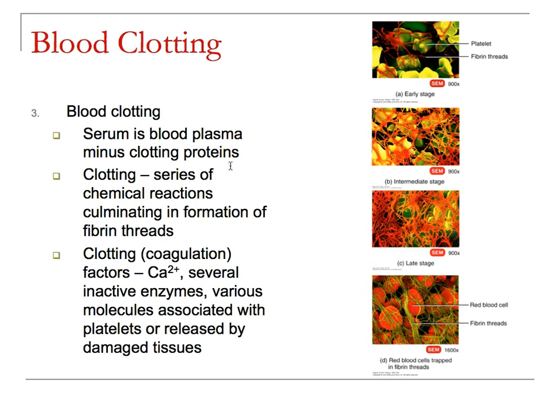And what this means is we are going to take coagulation factors that are in the plasma of your blood. They will react with calcium in a stepwise mechanism. And that calcium, as well as those inactive to active enzymes, in association with platelets, will cause the formation of that fibrin thread to create a clot.